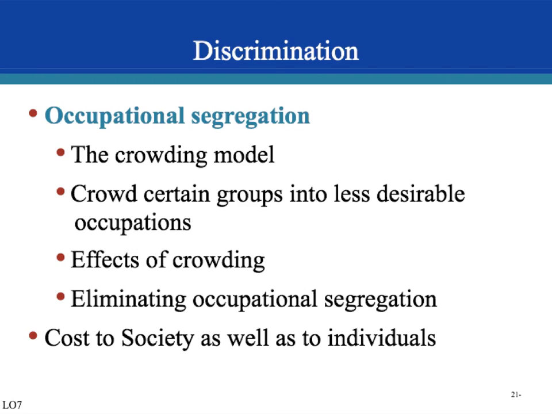We're going to assume that the labor force is equally divided between men and women, so there are 6 million male workers and 6 million female workers, and there are 3 occupations, X, Y, and Z. We're also going to assume that men and women have the same labor force characteristics, so in each of these 3 occupations, a man or a woman could equally do a good job. Now we're going to look at the effects of occupational crowding.